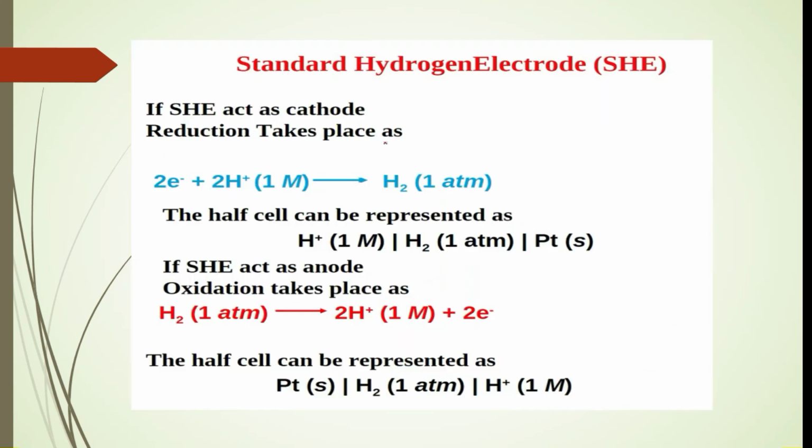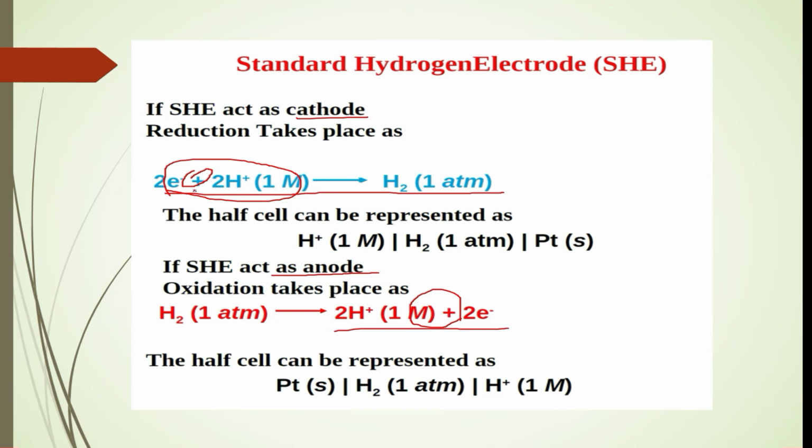So the standard hydrogen electrode can act as a cathode or as an anode. If it acts as a cathode, then we represent the cell like this. At the cathode, reduction: reduction is gain of electrons, oxidation is loss of electrons.